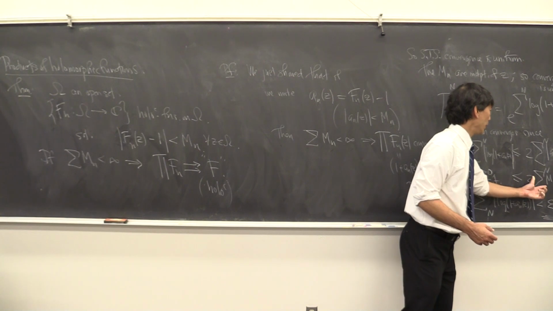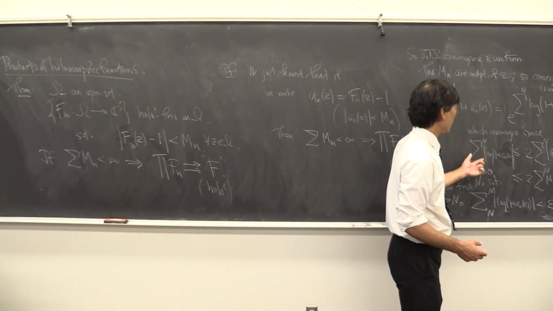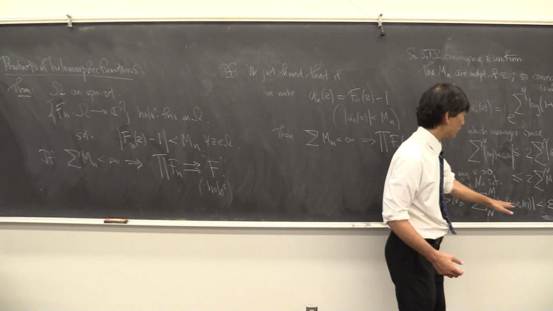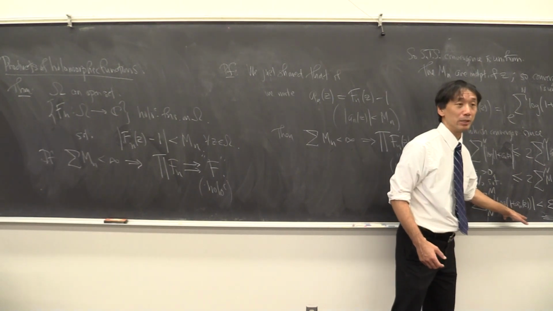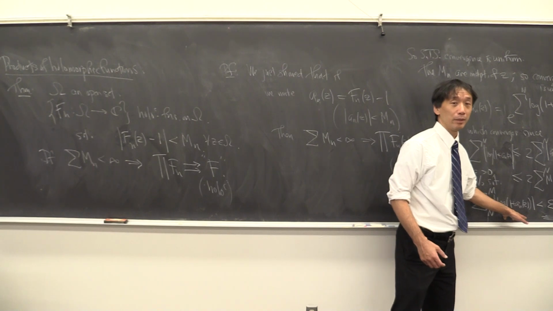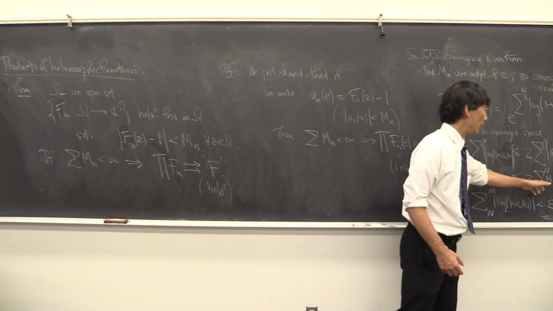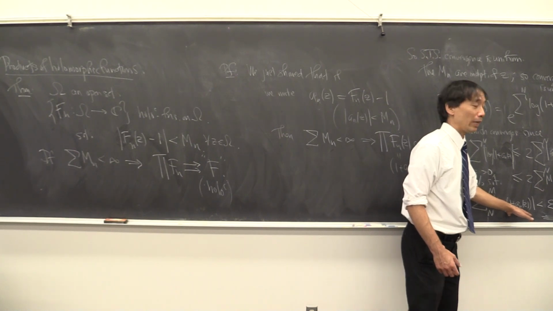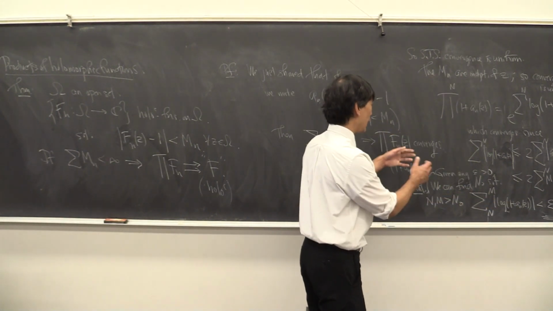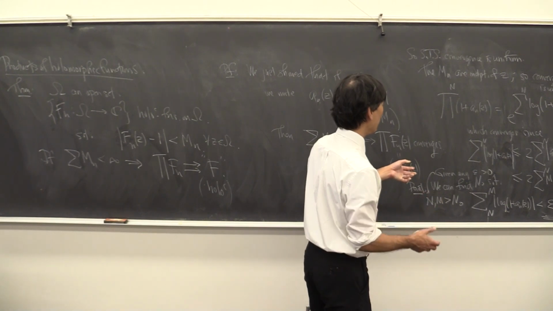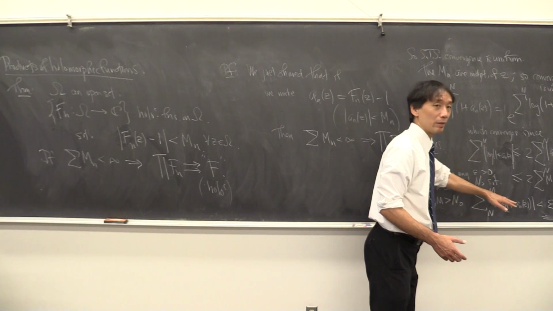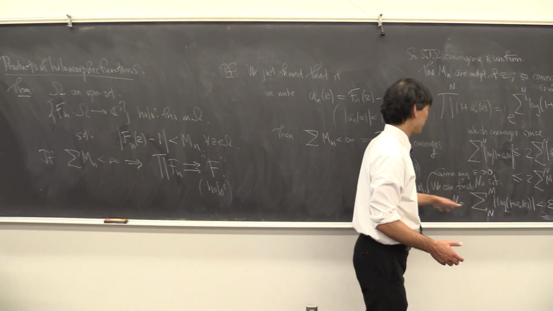So we know that we can make this tail as small as we desire, since this thing converges. But making that tail as small as we desire guarantees the uniform convergence.